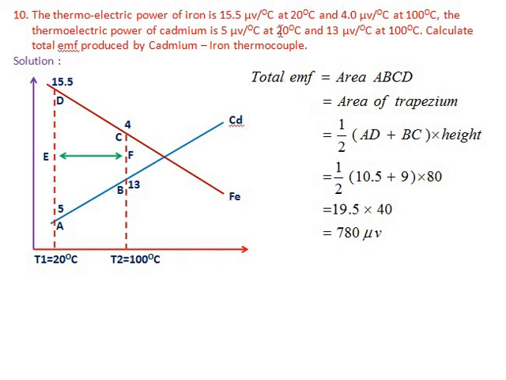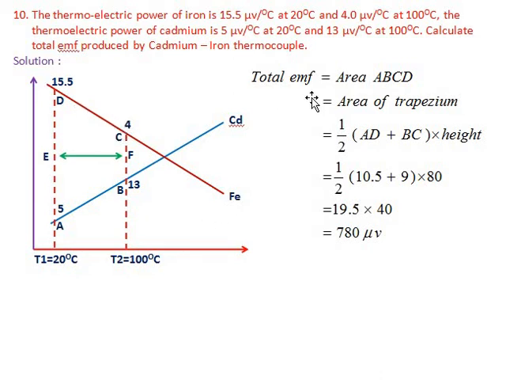So therefore that is for which metal? Iron metal. So I draw this line like this for iron metal. Okay, and I represented at T is equal to 20 degree Celsius 15 microvolt and 100 degree Celsius 4 microvolt.